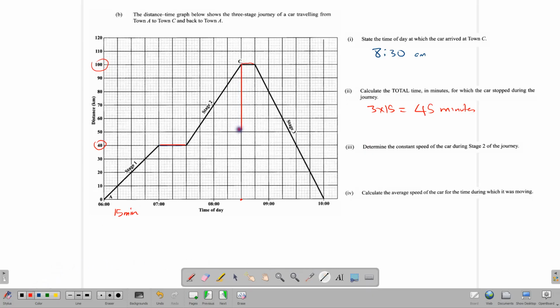And we can see here that the rise in our triangle is 10, 20, 30, 40, 50, 60. That's 60 kilometers. And the run on our triangle, each of these is 15 minutes. So it's 15, 30, 45, 60. So that's 60 minutes or 1 hour.